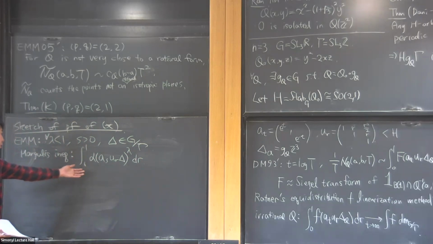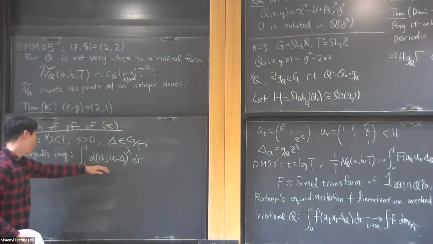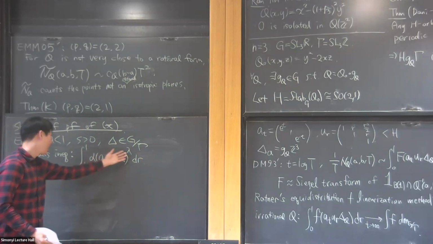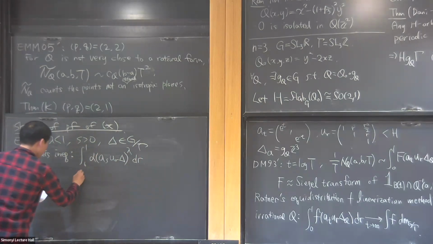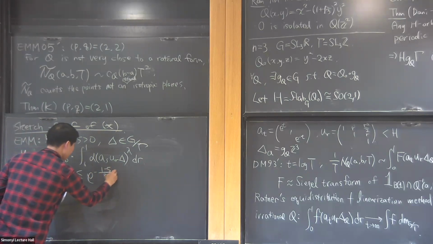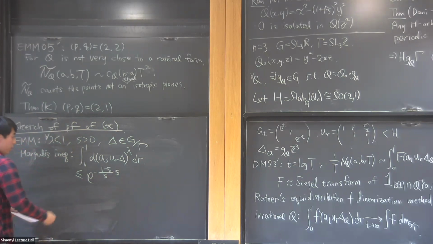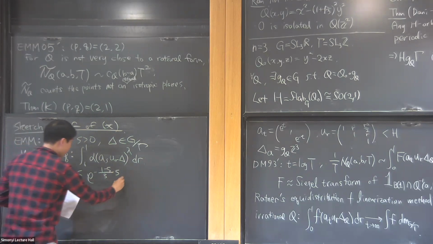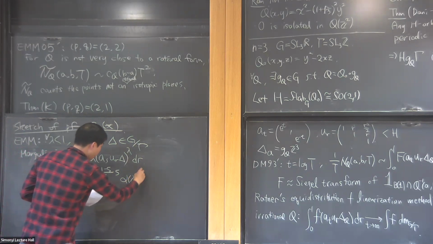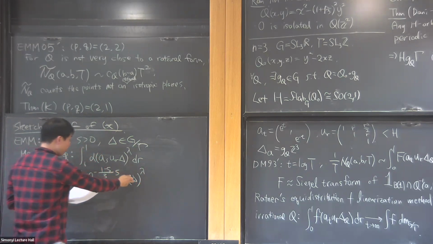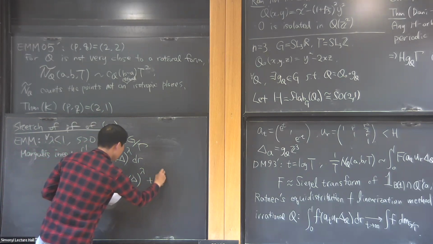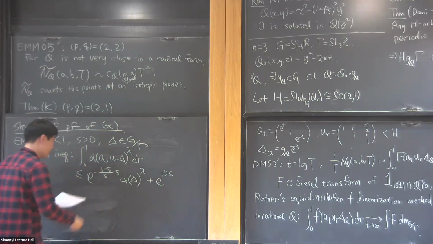If you take an average over the orbit a_s of the unipotent orbit delta for the height function to the lambda, then it's controlled by some constant less than 1 times the alpha value of the original starting point delta, to the power, let's say, 10s.